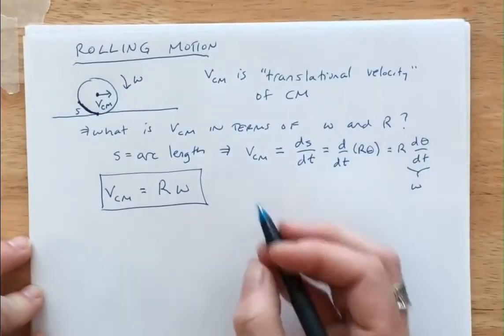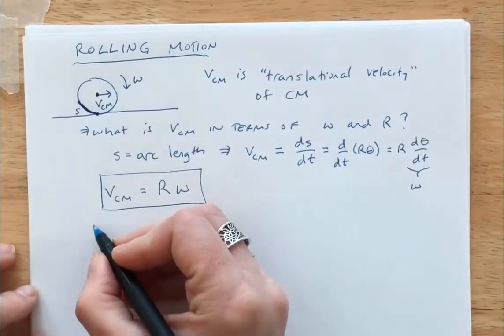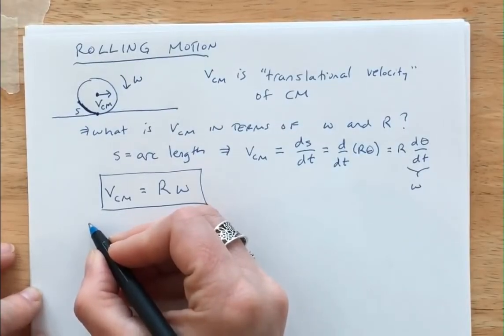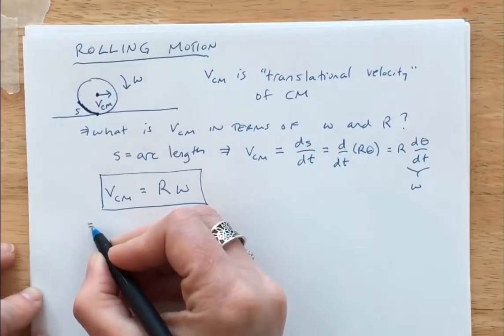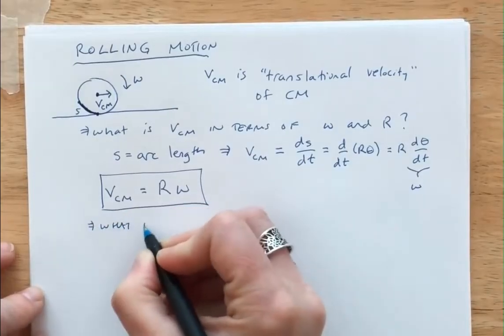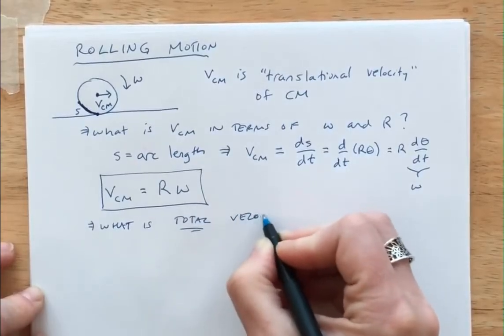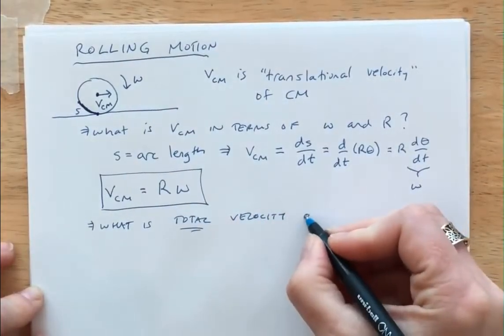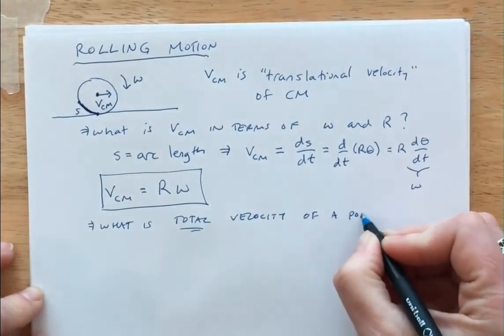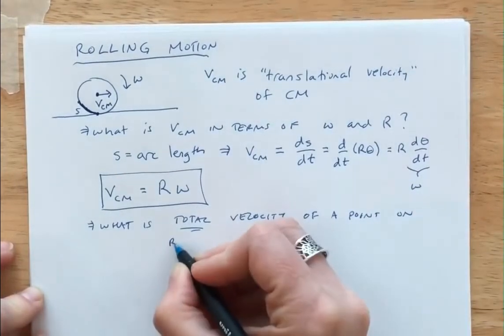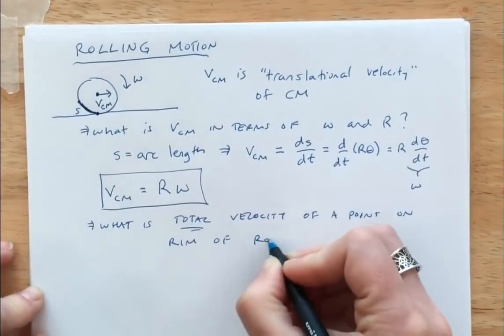radius. So another question that we ask with rolling motion is, what is the total velocity, so the velocity of a point on the rim of a rolling wheel?